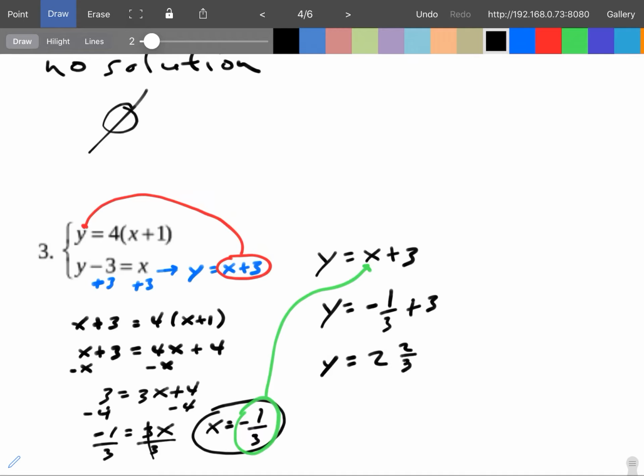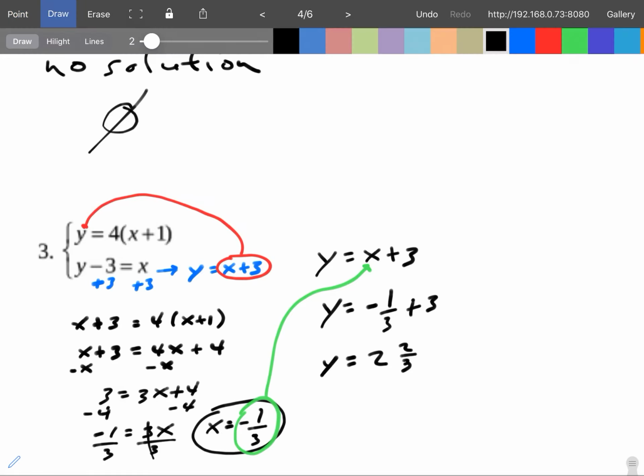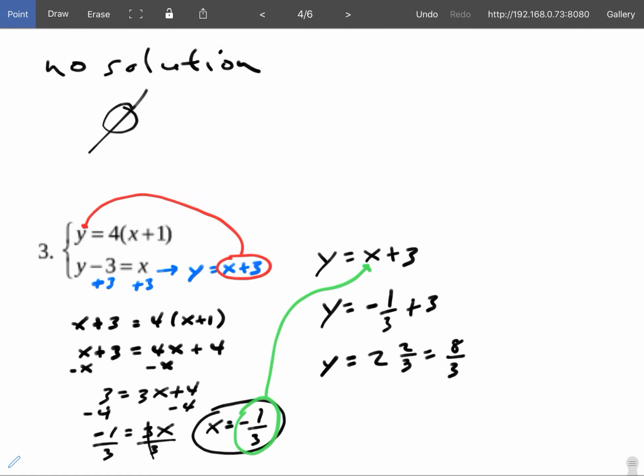And then, if you wanted to, you could have made a common denominator here, and you would have got a solution for y that would have been 8/3. Or you could just change this mixed number back into an improper fraction. But that's your solution for y.